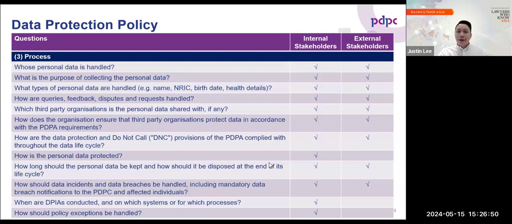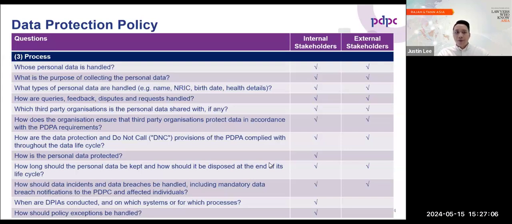From the eyes of the customer or the data subject, their feedback or query has been received by the company. So it's important to communicate internally, whenever any query or complaint is received, what is the correct channel to direct those to.